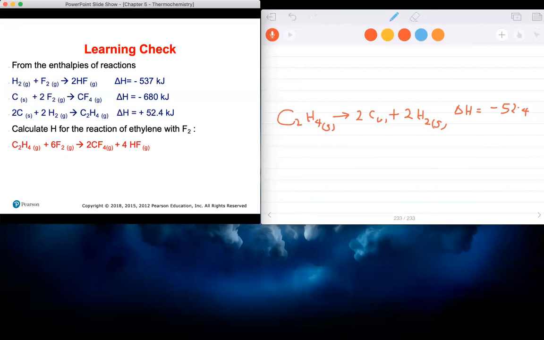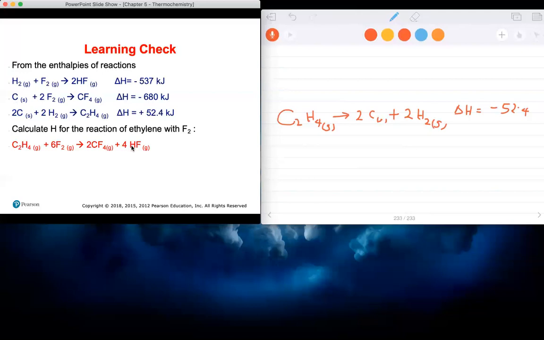If I look at hydrogen fluoride, HF, it has been multiplied by 4. Where do I see HF? HF is right here. Do I see any other equation with HF? Nowhere else, right?